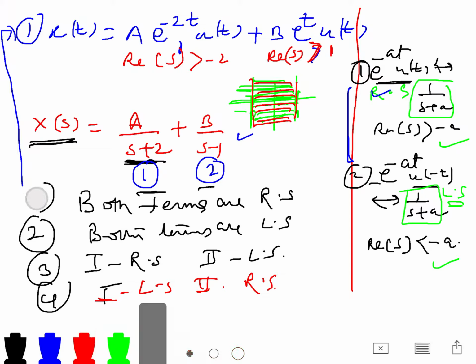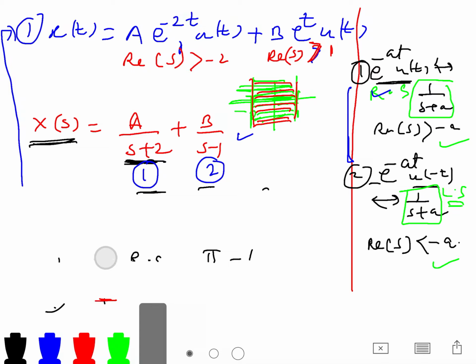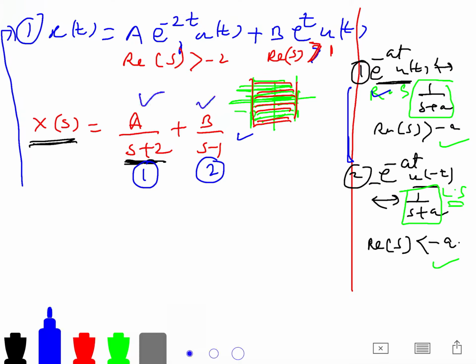Now consider the second condition. The second condition is when both the sequences are left-sided. This is left-sided and this is also left-sided. So for the second condition I am writing x(t) as left-sided. Compare the left-sided with this.